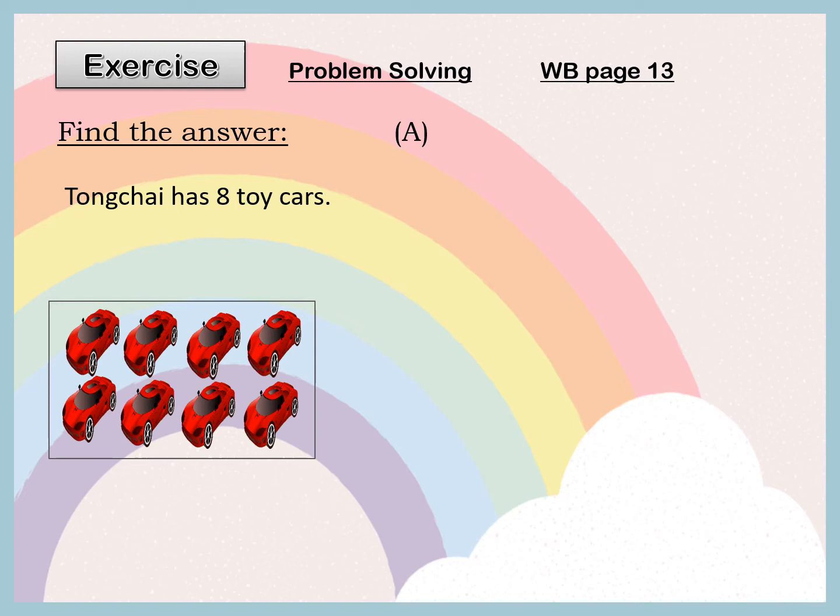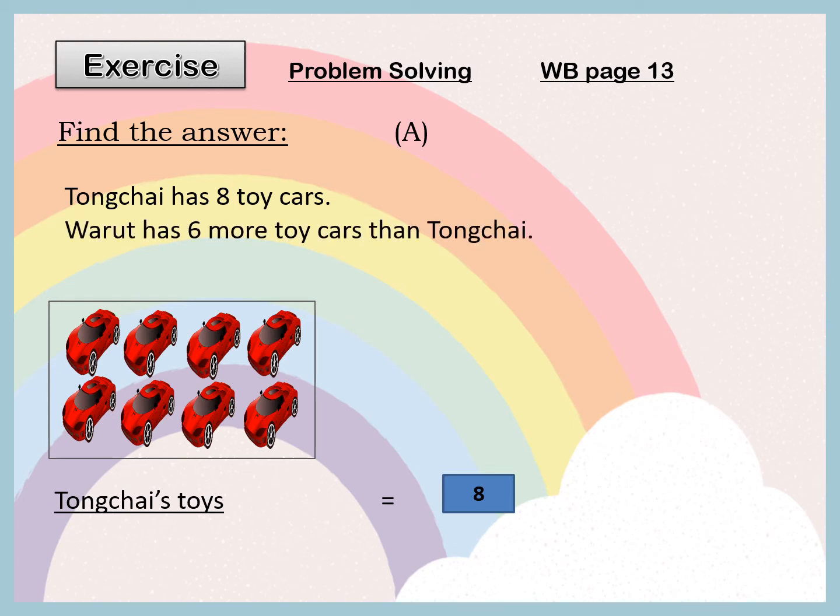Tong Chai has 8 toy cars. Okay, let's proceed to the next one. Tong Chai has a friend, and his name is Warut. Okay, so Tong Chai's toy cars again. 8.